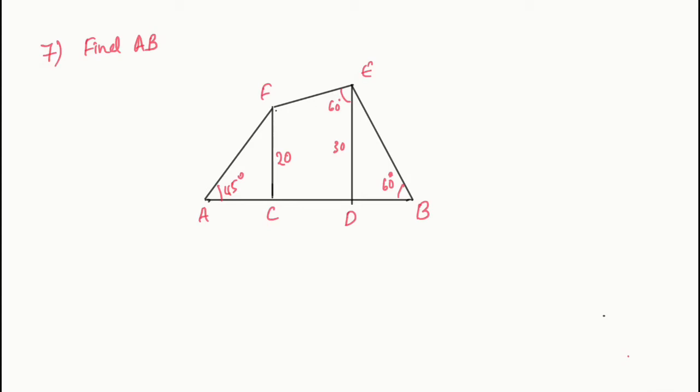Just have a look at the figure. AB is here. In order to find AB, first you need to find AC or DB. Let us see how to find it out. From triangle DBE, you have one angle on one side, so you can easily find out DB. Perpendicular by base, so I can directly write tan 60 equal to ED by DB.